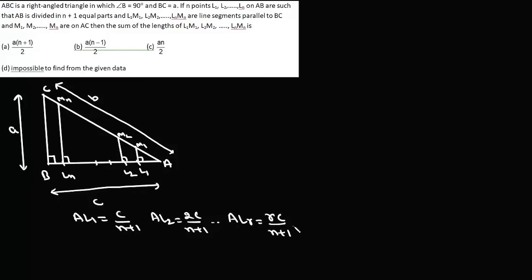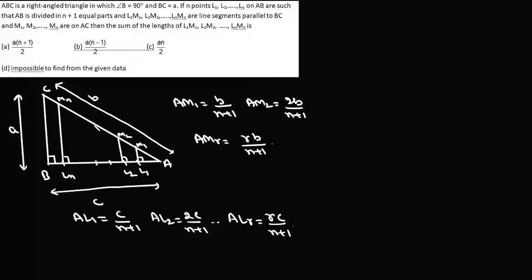In the same way, AM1 will be b upon n plus 1, again it is divided into n plus 1 parts. AM2 is 2b upon n plus 1. And AMr will be rb upon n plus 1.